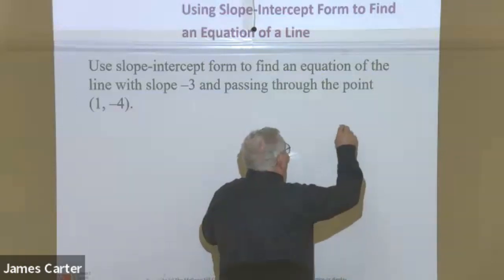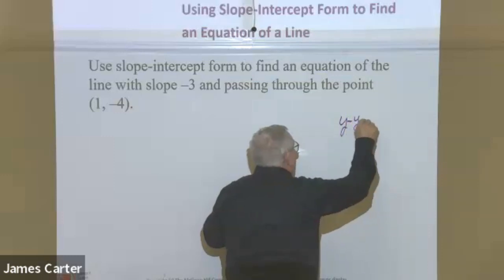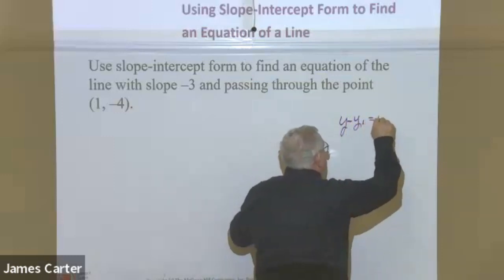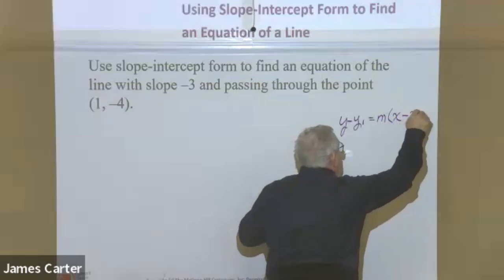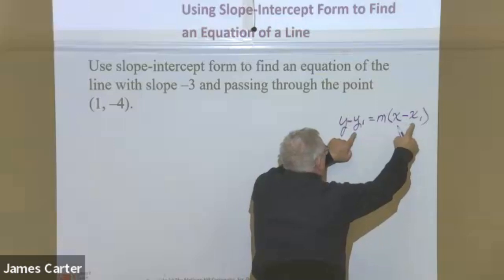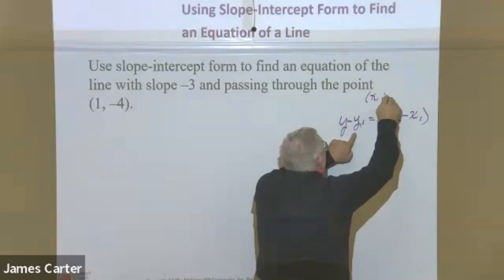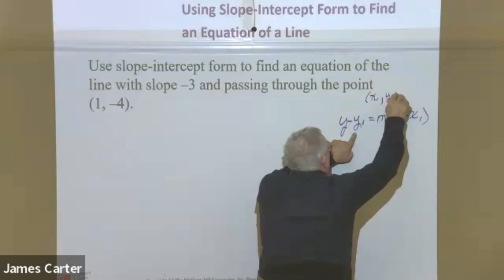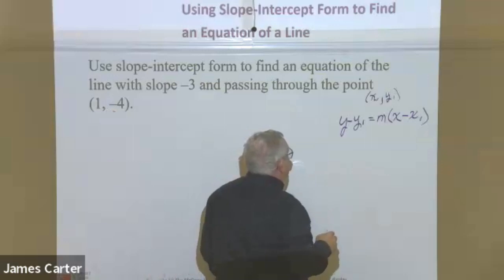Well, the point slope formula looks like this: y minus y sub 1 equals m times x minus x sub 1. This y sub 1 and x sub 1 are the respective values of that point.